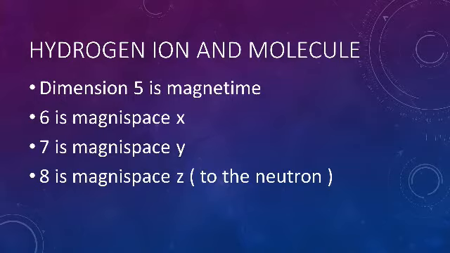So that's dimensions 1, 2, 3, 4. Now there's also dimensions 5, 6, 7, 8, which are magnet time and magnet space, x, y, and z. So these are labeled, and then electrons could be a frame of reference, and magnet time comes out of electrons, and magnet space goes into electrons from protons.